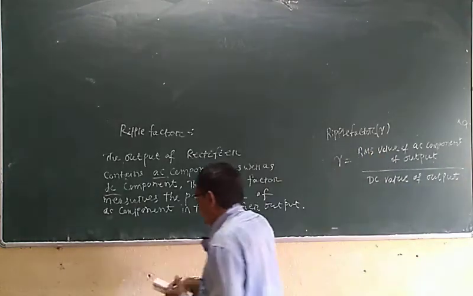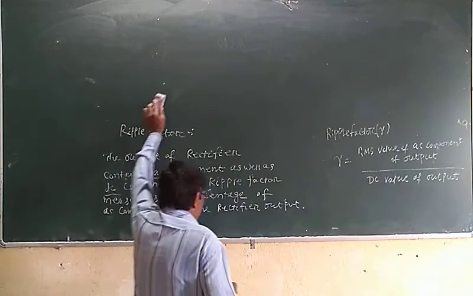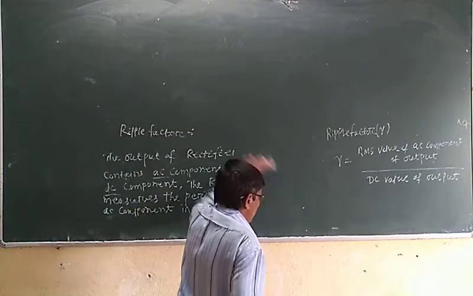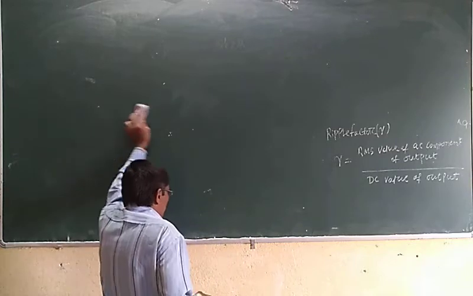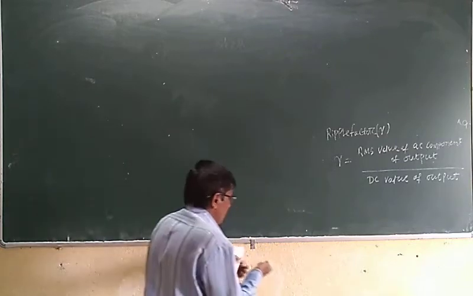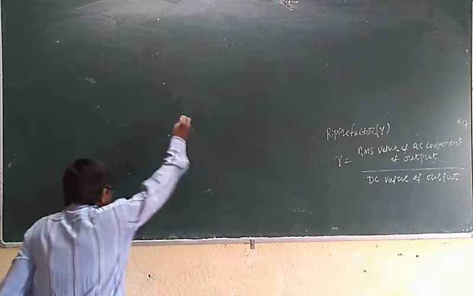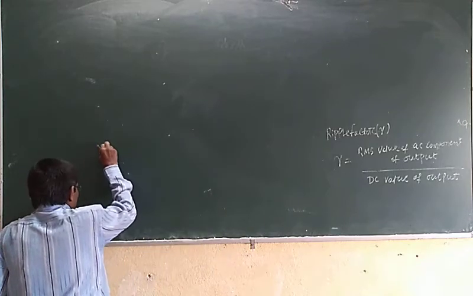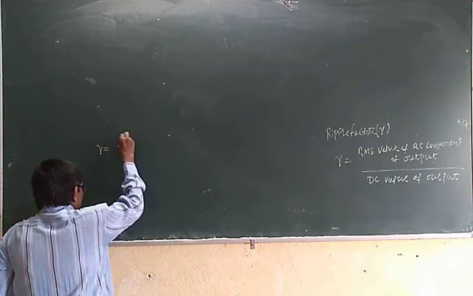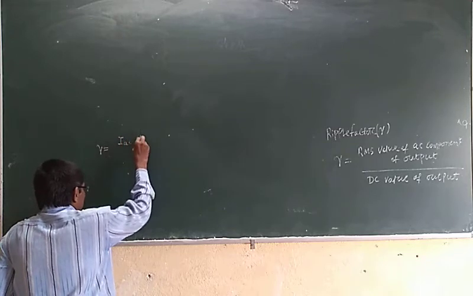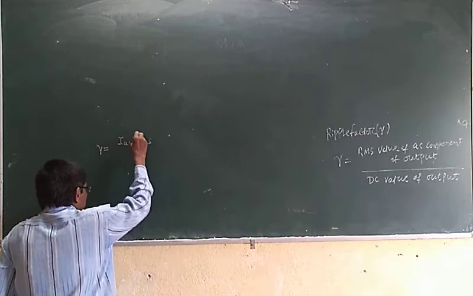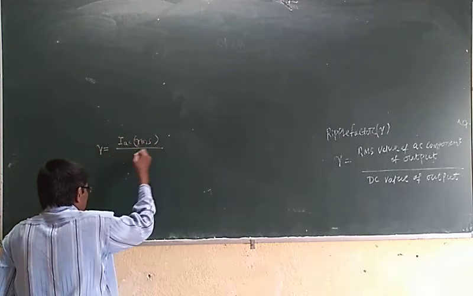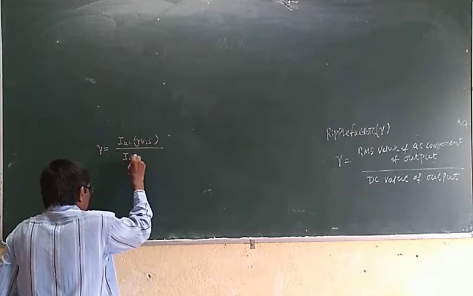Now we write gamma equal to I_AC RMS by I_DC.